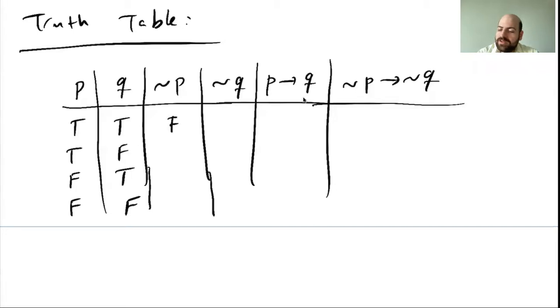If Q is true, negation Q will be false. So negation is just the opposite of the original one. If P is false, negation P will be true. And the last possibility, both of them are false, therefore both negations would be true.